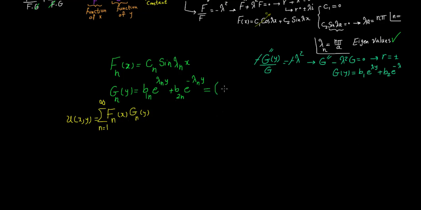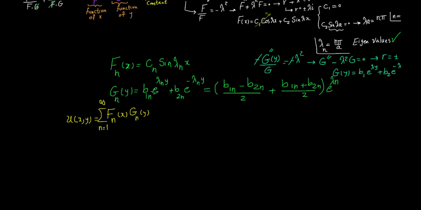I can play with the algebra and write this b1n in the form of b1n minus b2n over 2 plus b1n plus b2n over 2, right? Because b2n and minus b2n cancel each other, and b1n plus b1n becomes 2b1n over 2 becomes the original b1n. So I played a little bit of algebra.